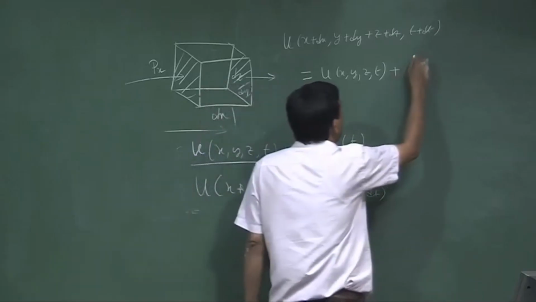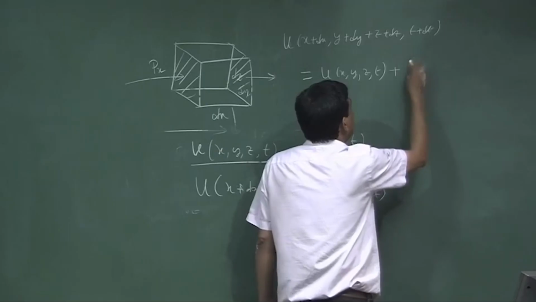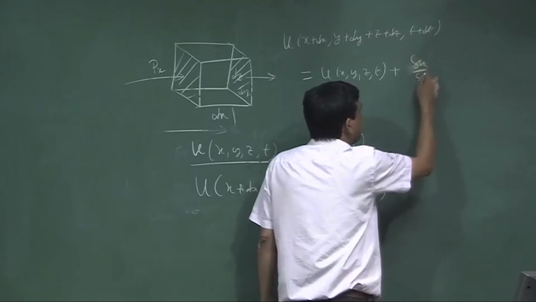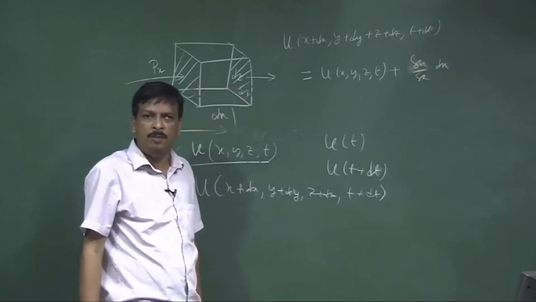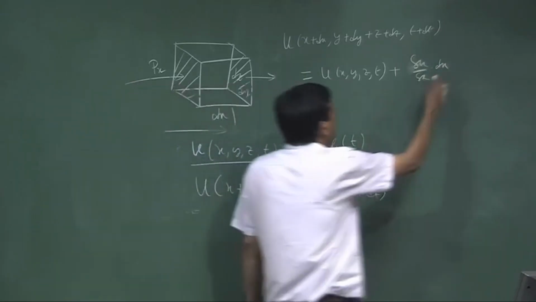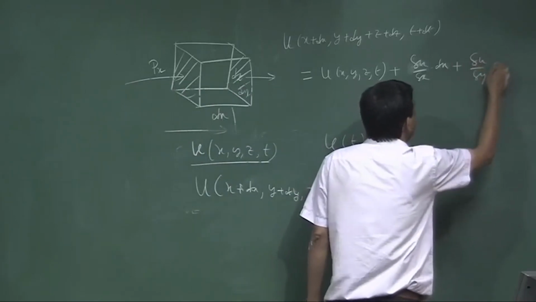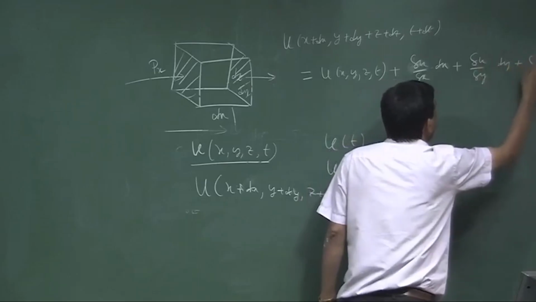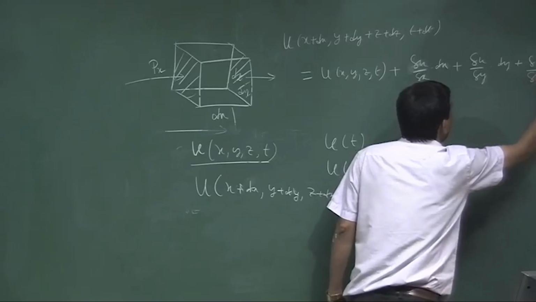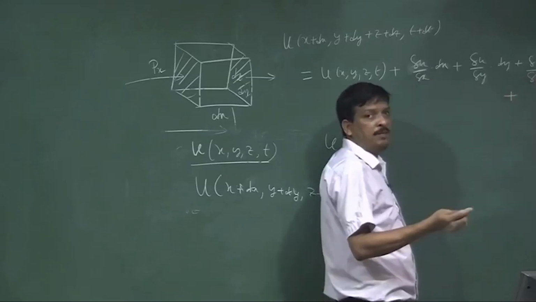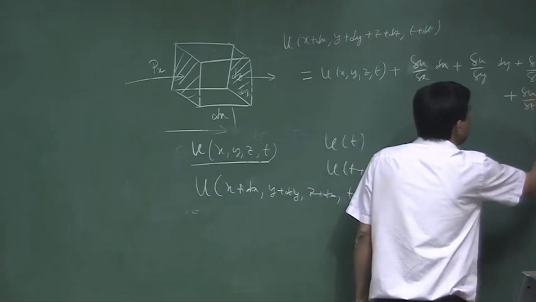The change in x direction is del u by del x into dx, plus the change of u in y direction, plus the change of u in z direction, plus the change of u due to time, del u by del t into dt.